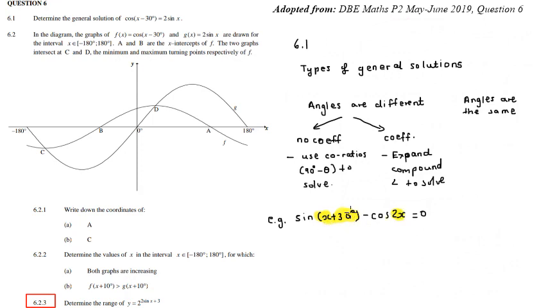You've got x plus 30 degrees and you've got 2x, and you have no a values. This can basically be written as sine of x plus 30 degrees is equal to the cosine of 2x. Because you have that set up, what you would do is change the sine of x plus 30 degrees into cos, using 90 degrees minus theta, and then solve from there.